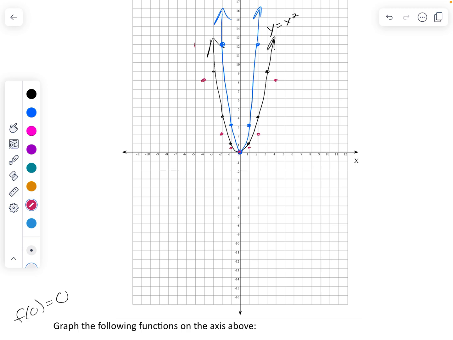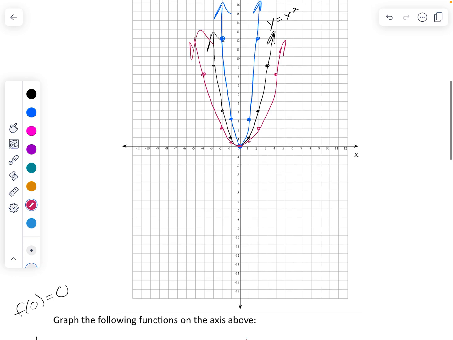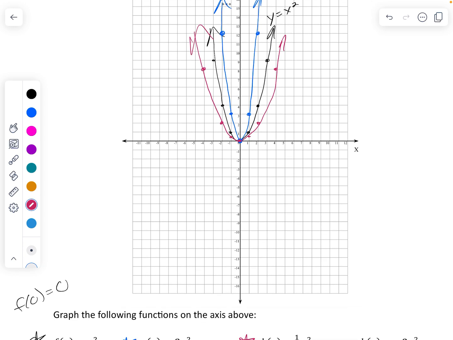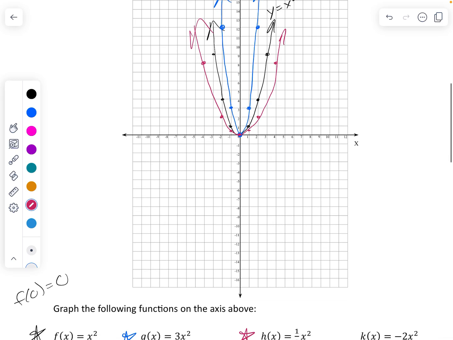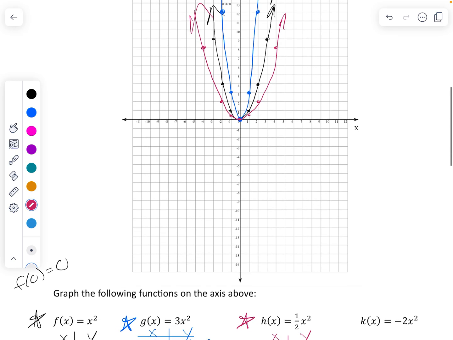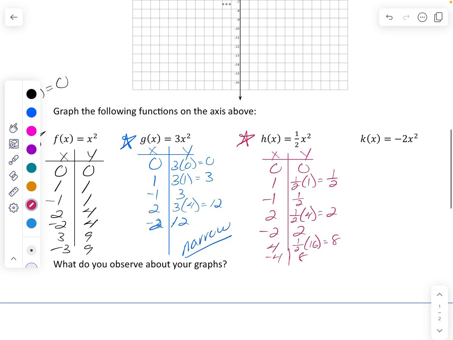And so here is my red parabola. And now, how does this one compare to the black parabola, the parent function? This is wider. I think you would agree. It is wider with the same vertex.